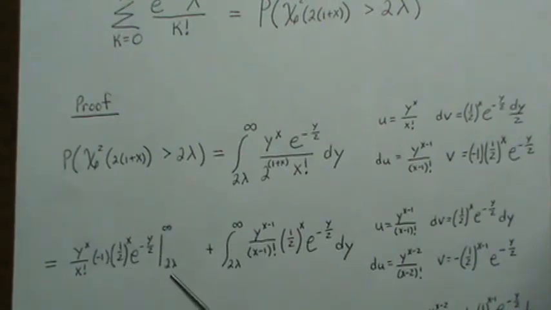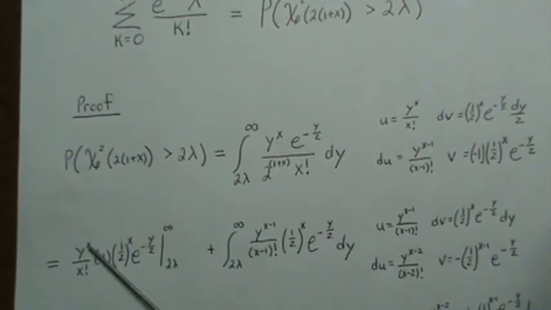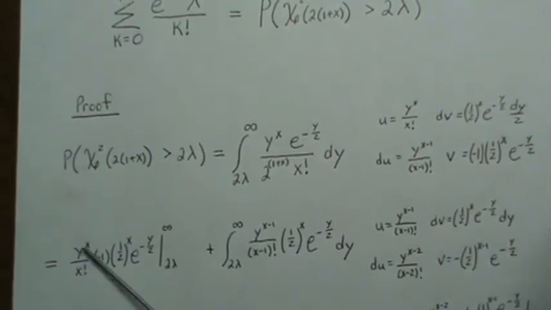And then when you plug in 2 lambda here, you get 2 lambda to the x. So the 2 to the x cancels with this 1/2 to the x. And then since it's this minus this, the minus and this -1 becomes positive. And then this boils down to, well, you'll see on the next step.